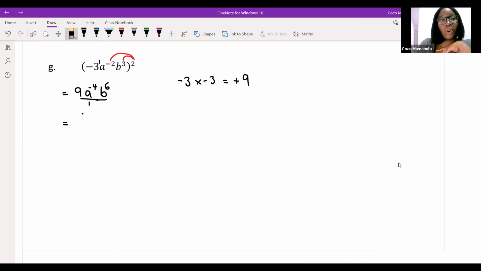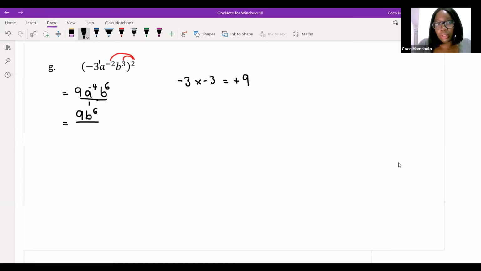All right. I want you to remember, only the numbers and letters with negative exponents will move. Everything else that's positive stays exactly where it is. So my 9 will stay exactly where it is. What else will stay where it is? B to the power 6. That's it. B to the power of 6 will stay. What goes to the bottom?